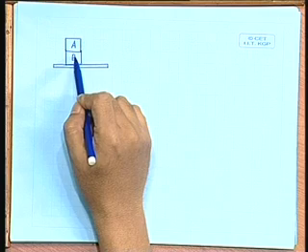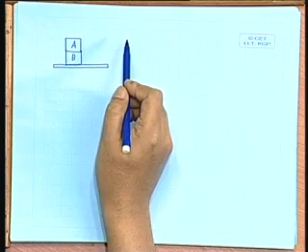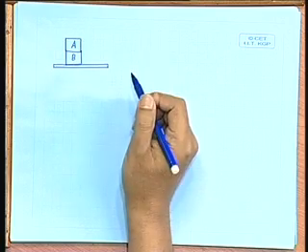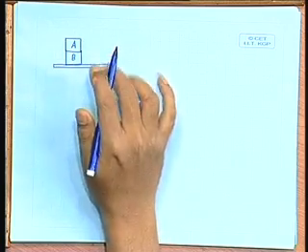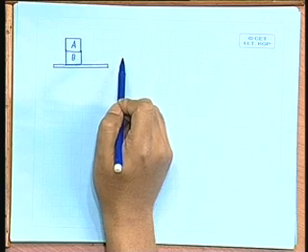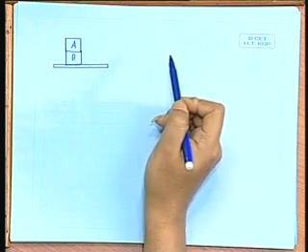So, you can have A on top of B and C on top of D, and then you can have another block here with some other things on top of it. So that is a starting configuration, and then you have to reach an ending configuration.